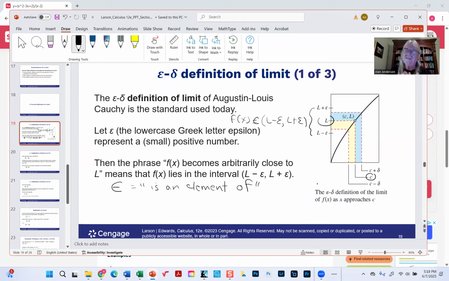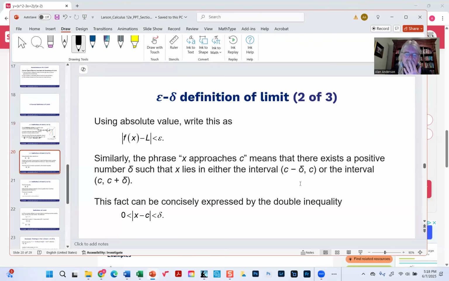And so what they're trying to get at is the idea that this limit exists as x approaches C because there is a small number delta.